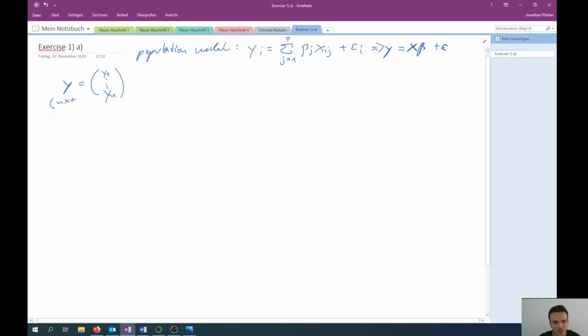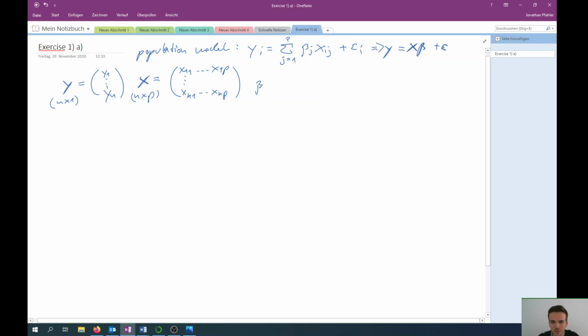This is an n by 1 vector. Then X goes from x11 to x1p, exactly, because it's p features, down to xn1, then xnp. Okay, so this is an n times p matrix.